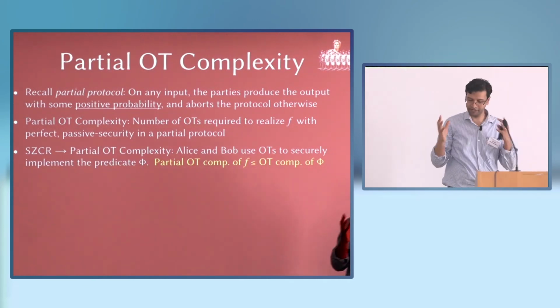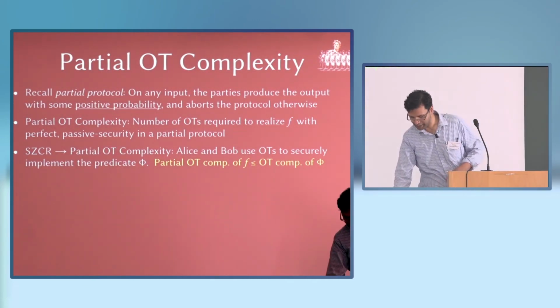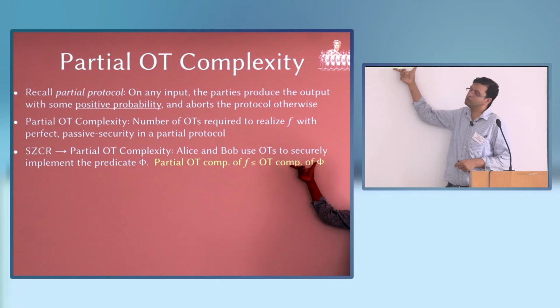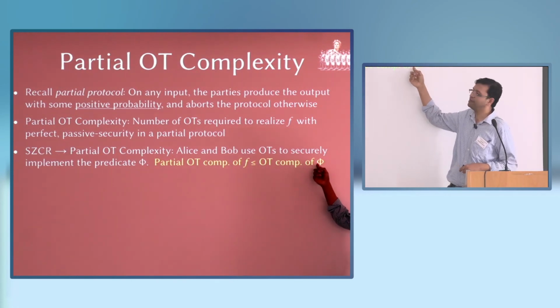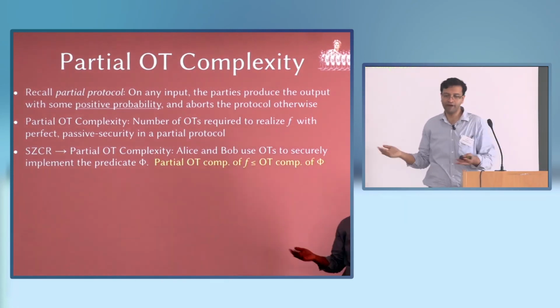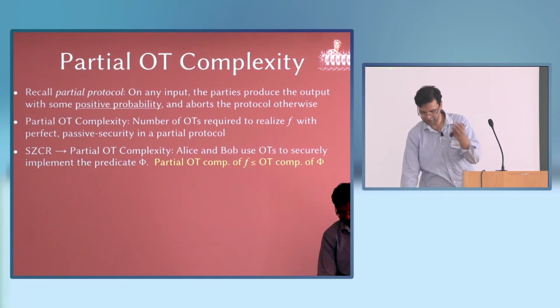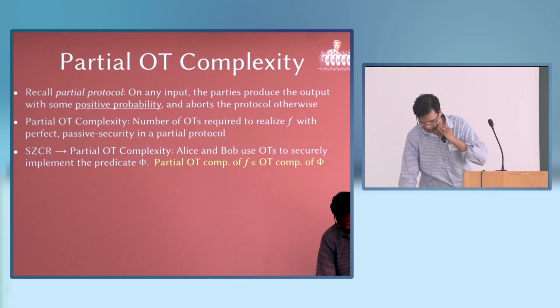Don't care about accepting with 1 minus negligible probability. And then you can show that this partial OT complexity is at most the OT complexity of this predicate phi. Why? Just implement phi using a two-party computation protocol. That gives you a protocol.